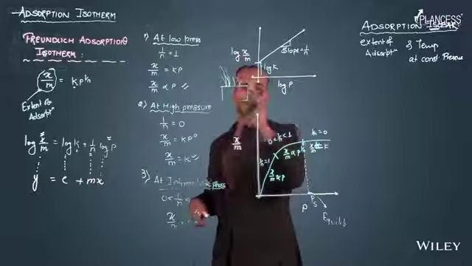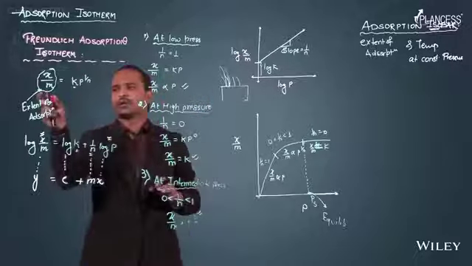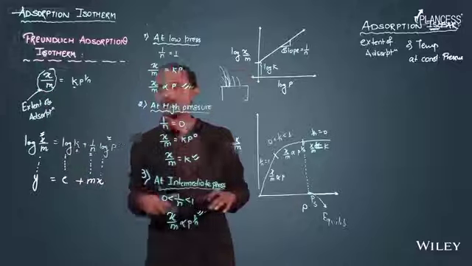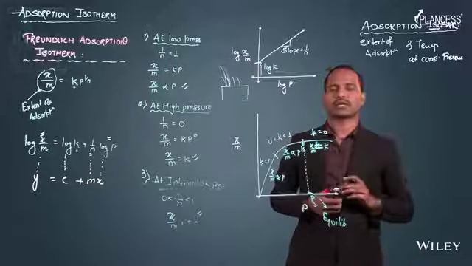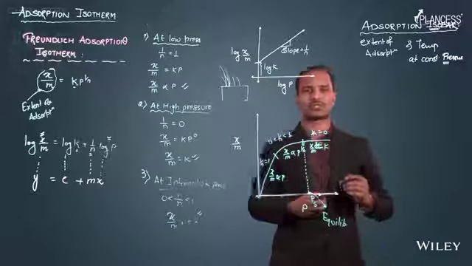In the previous case, the temperature was constant, and we were studying the relationship between the rate of adsorption and the pressure. In this case, we are learning the relationship between the extent of adsorption and the temperature, and the pressure is constant.